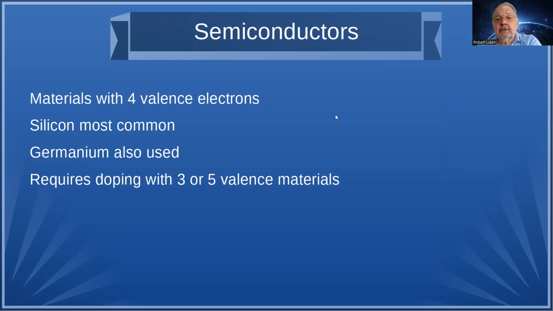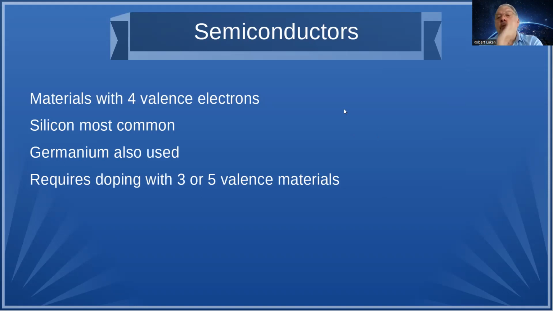And then we have semiconductors, which are those kind of weird things in the middle. In most cases, we use materials that have 4 valence electrons. Most things, except for very special purpose, are going to be based on silicon. In some cases, we still use germanium.